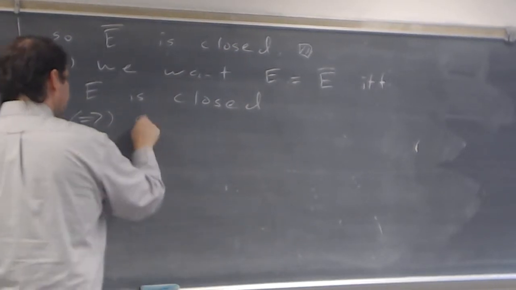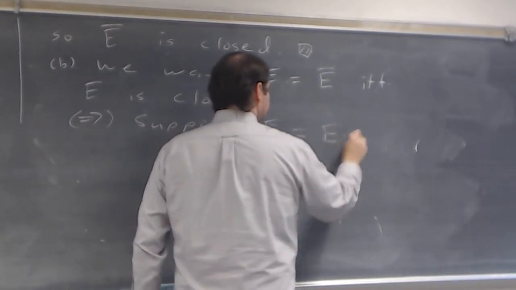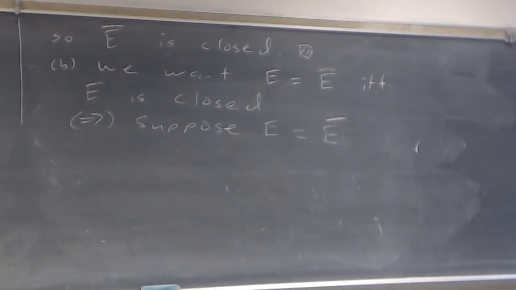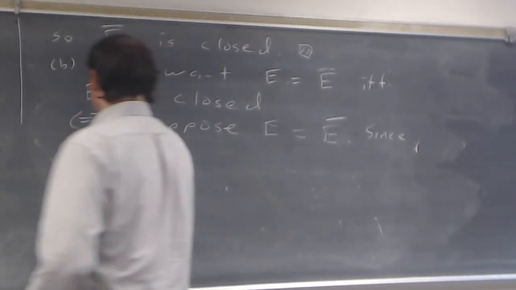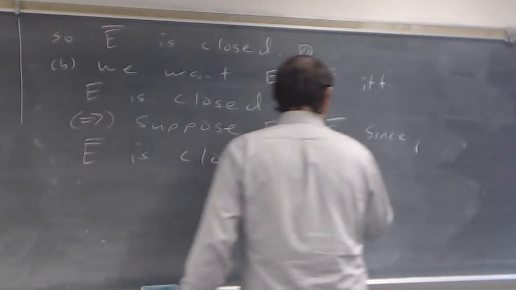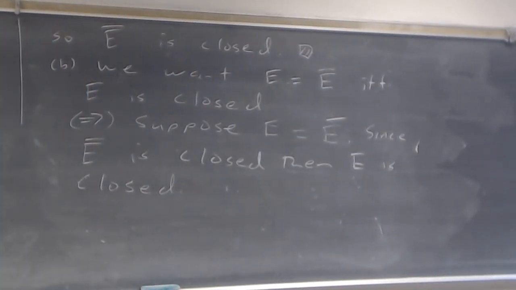So suppose E does equal E closure. Well, it's very simple. Since E closure is closed, then E is closed. So that's the one direction. If it's equal to its closure, it's got to be closed because its closure is closed.